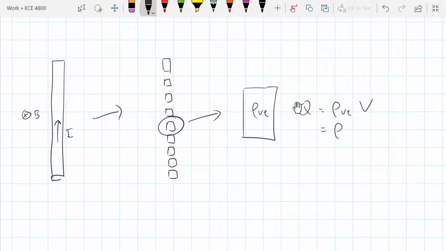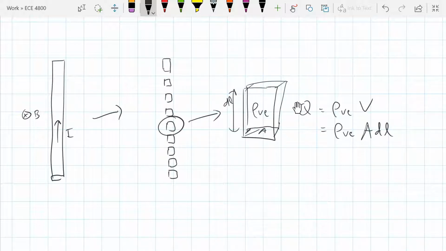So rho_ve times, if this has some kind of cross-sectional area A, let's say it's a rod, like a square rod. So there's some kind of cross-sectional area A, and then there's also a length. And that length we're going to call dl.